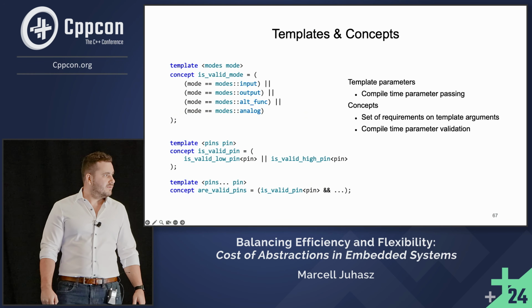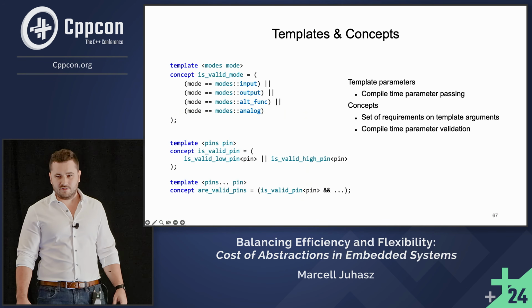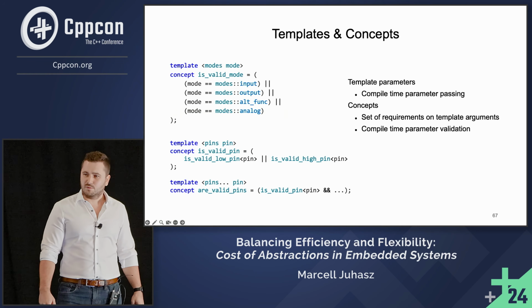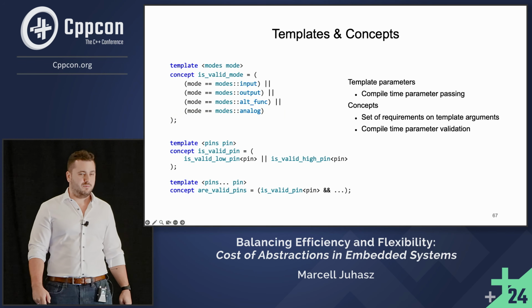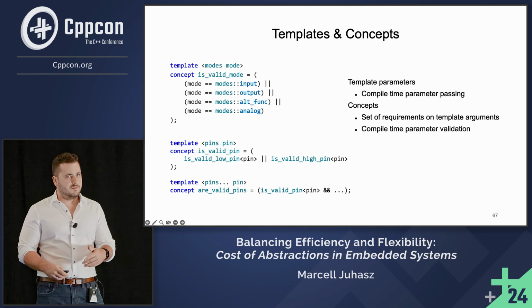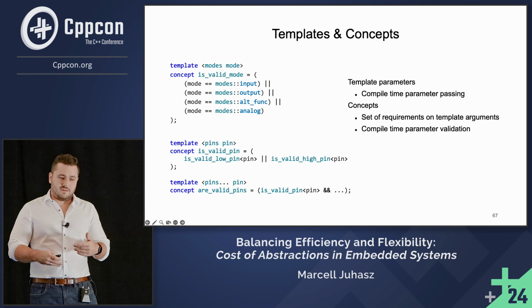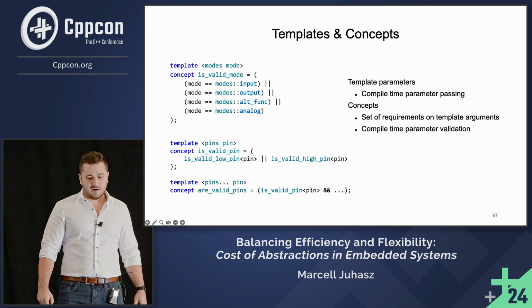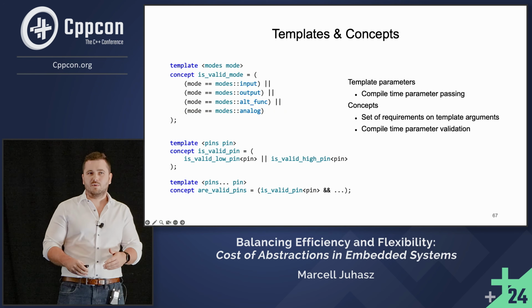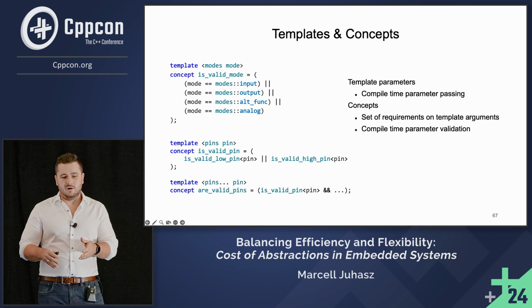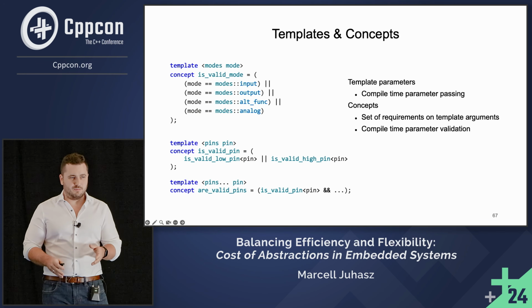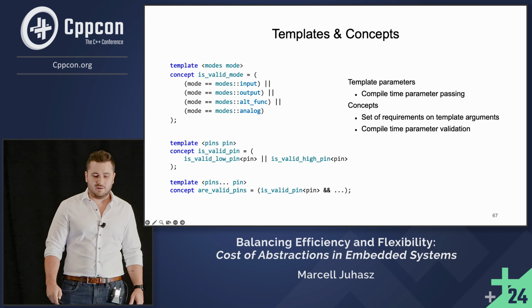Now, another very powerful tool that we have are templates and concepts, because non-type template parameters allow for compile time parameter passing. So if you know some kind of configuration or action that you want your project to make at compile time, then it probably makes sense to call a templated version of the function and pass this configuration as template parameters.